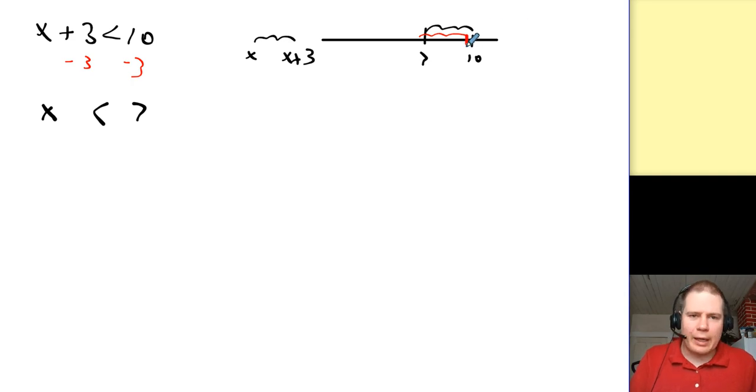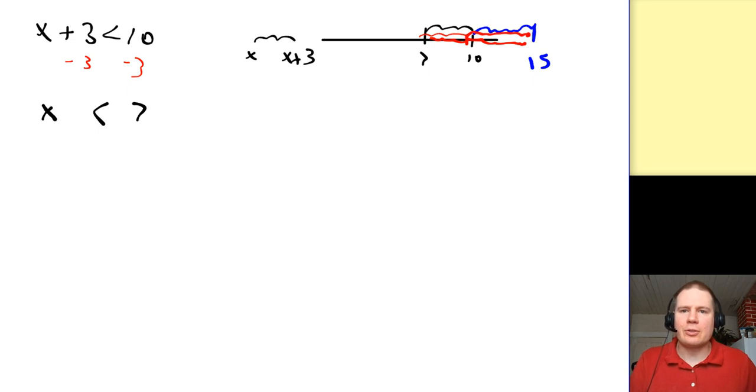If x was right here, and my 10 actually grew by 5, so I'm over here at 15, my x growing by that same distance is still going to be slightly less. Whatever that x was, if I shift that over by 5, it's still less than that 15 going to the left.